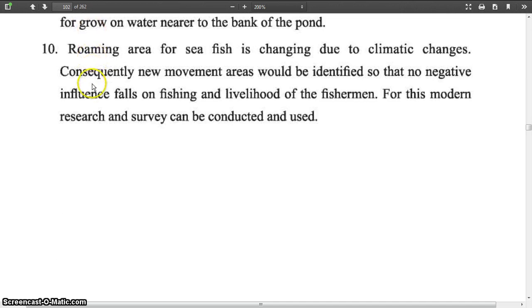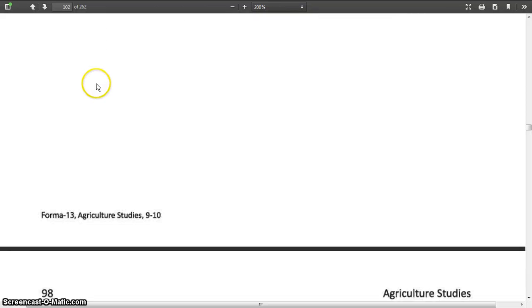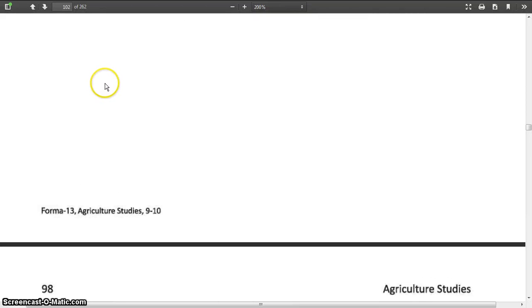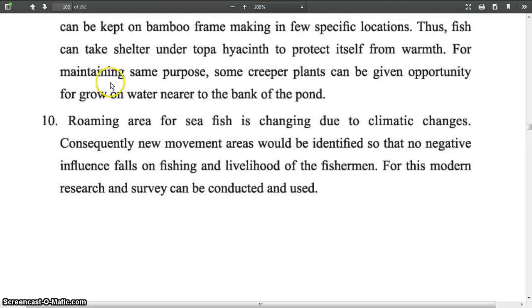Number 10, and this is the last mechanism of fish to adjust with temperature or environment. The technique is, the roaming area for sea fish is changing due to climate changes.